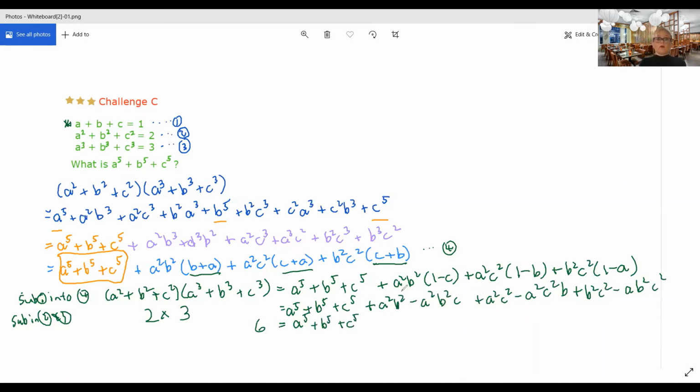We've got all of these double, I'll call them double square terms. So we've got an a squared b squared, an a squared c squared, and a b squared c squared. So let's put them all together, because there hopefully will be a way that we can work out what they are. And then the rest of these things here, what have we got?